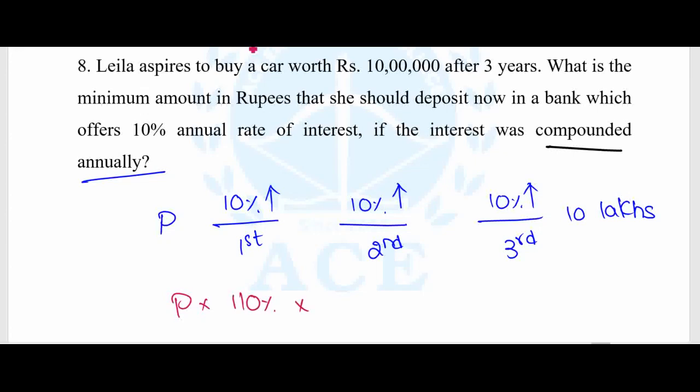Here also 10% increase means 110%. Here also 110%, 110%. Similarly, this question was actually given in the GATE exam, where calculator is allowed. Yeah, because if you want that value, you need to use the calculator here.